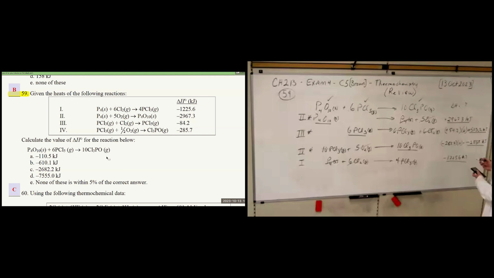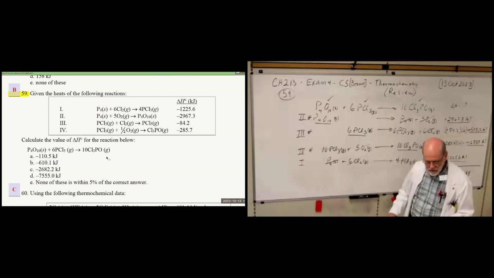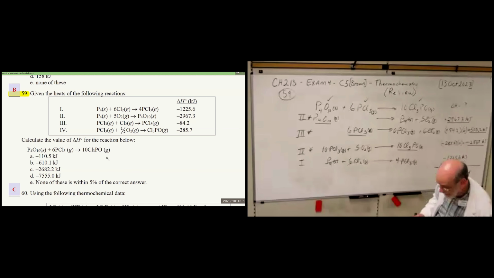So I get delta H equals minus 6 N kilojoules. 0.1. Do I have a 0.1 here? Yeah, I do have a 0.1.